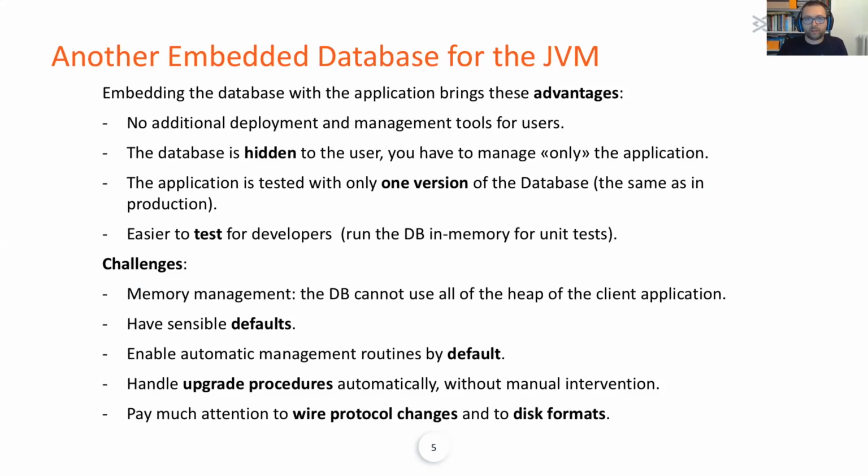The overall architecture of the distributed application is simpler. The application is tested with only one version of the database, exactly the same version that you are running in production, because the database is only a library for the application.